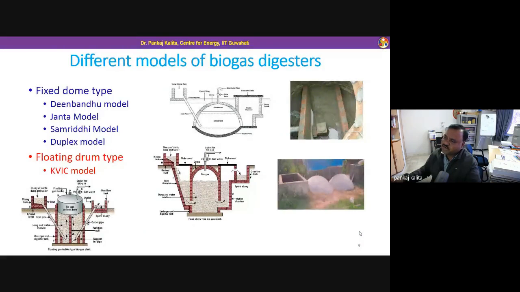So what different models of biogas digesters are available? We have fixed dome and floating drum type biogas plants. Under fixed dome type, we have the Deenbandhu model, Janata model, Samriddhi model, and duplex model. The Samriddhi model and duplex model are developed by us at IIT Guwahati. You can see the difference here.